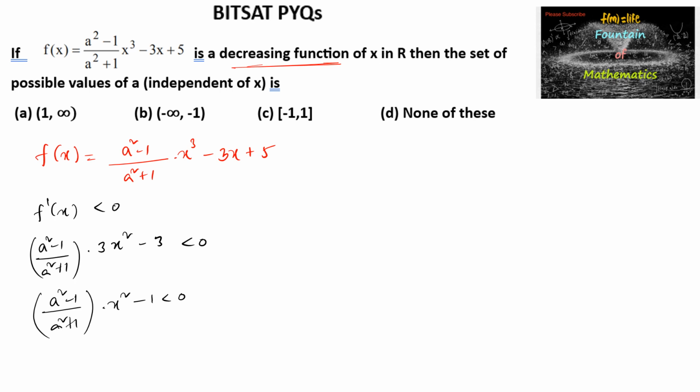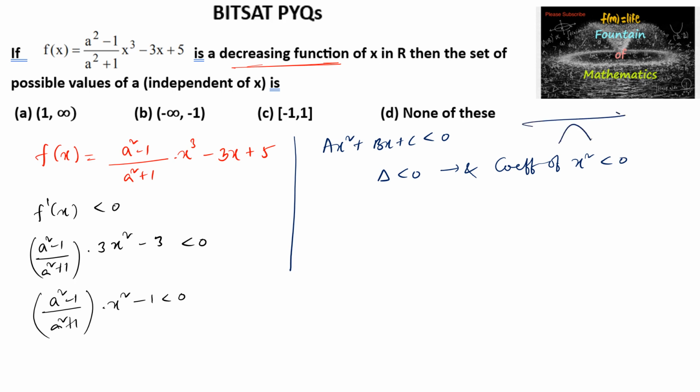And since for this function to be negative, let us recall the quadratic expression ax square plus bx plus c is negative under the conditions delta should be less than 0 and the coefficient of x square must be negative, so that it will be under the x axis.